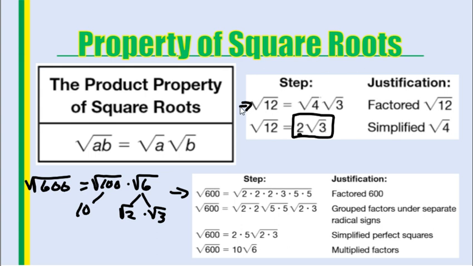Since neither of them are perfect squares, I would have an answer of 10 times the square root of 6. I would just combine these two. And you can see this is what they had. But look at all the numbers that they used compared to what I used. Using this perfect square saves a lot more time than if you were just to break it down with prime numbers. Let's take a look at some examples here.